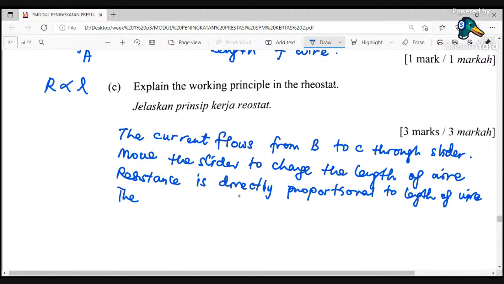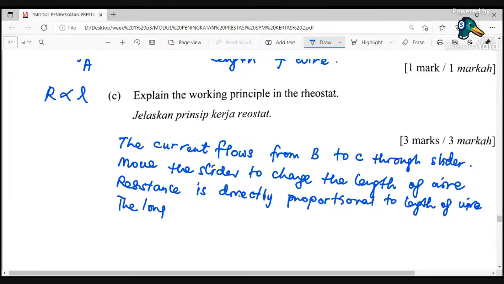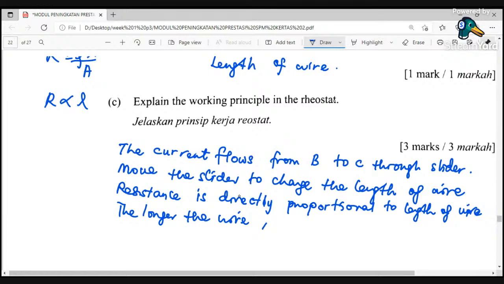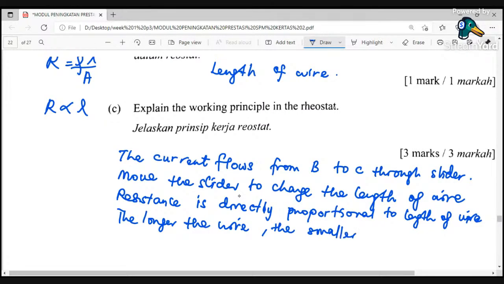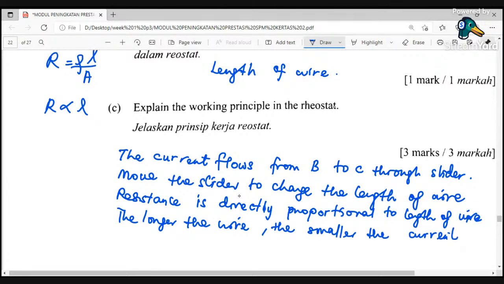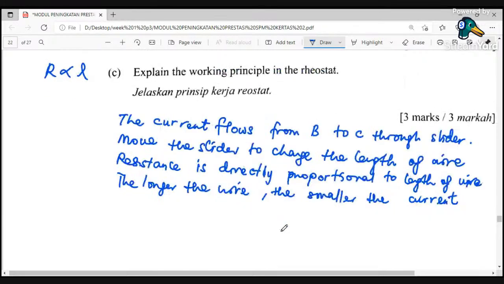The longer the wire, the smaller the current flow. So you can adjust the length of wire using the slider, which means you can control the current flow in the circuit. Okay, remarks.